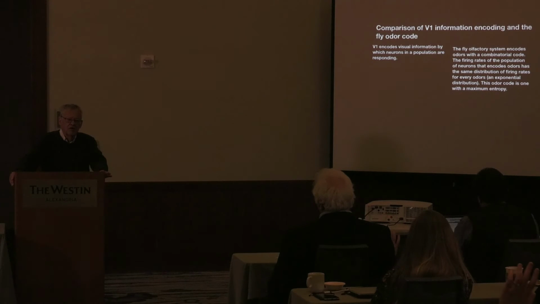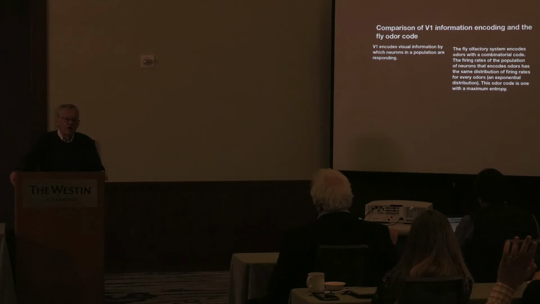We just need to talk about other examples where you might have a combinatorial code and ask the question, is this a general rule for combinatorial codes? In other words, are they all going to be exponentially distributed, which is a maximum entropy code, and which would be the most efficient, or are there going to be different things?